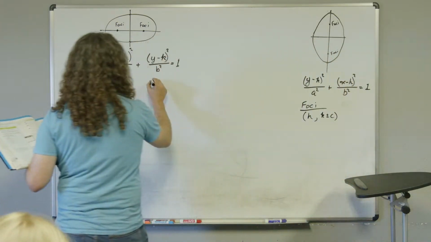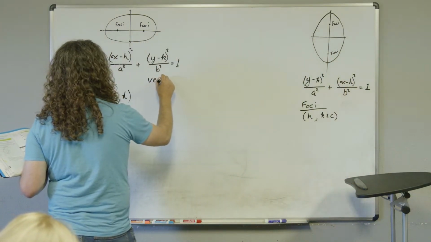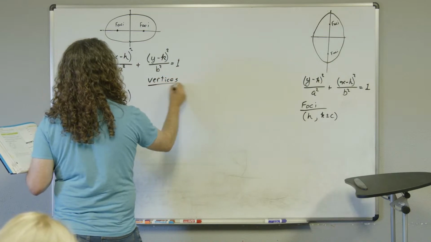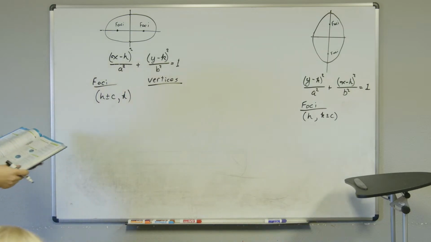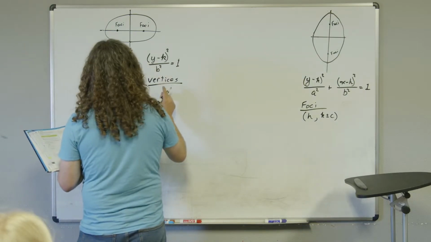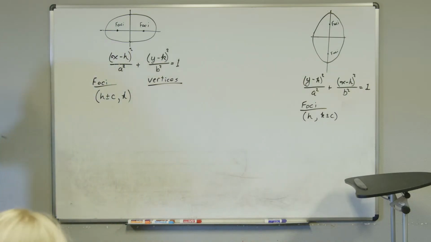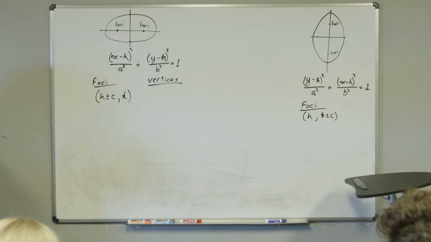To find the vertices, which one is going to be constant, the h or the k? The k.